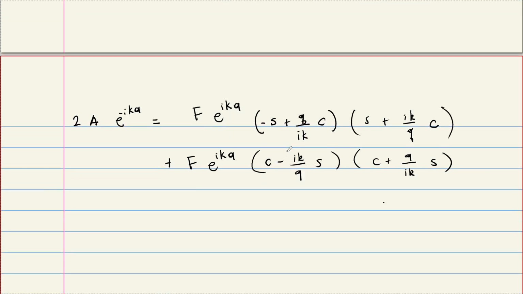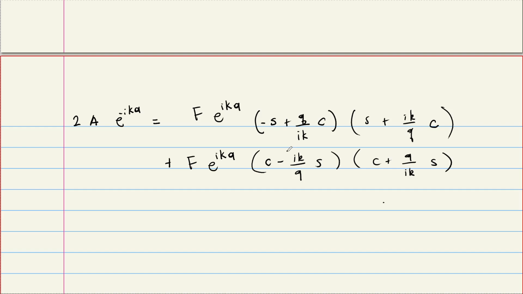Okay, let's see if I can pull this off. Let me also check one more time. So this is, so minus sine plus q over ik. See, this is correct. This is sine plus ik over q. This is correct.